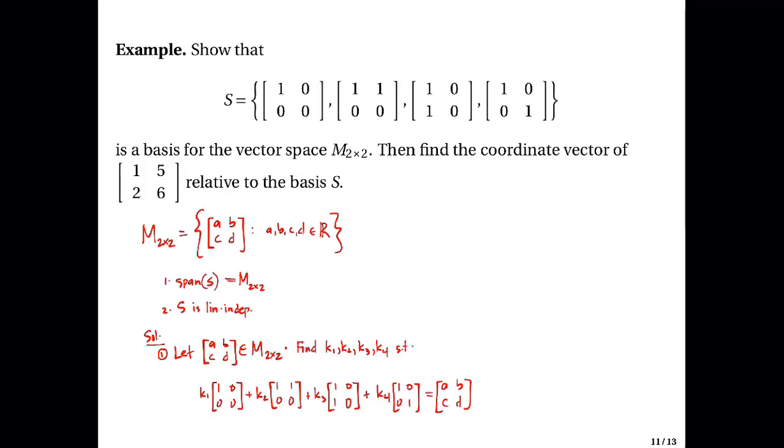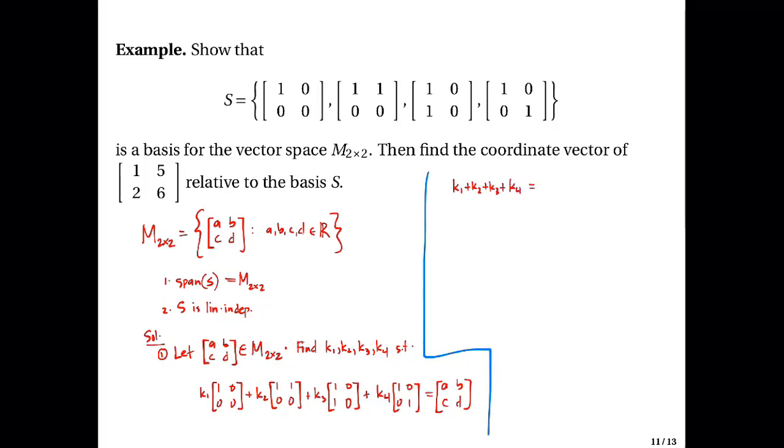But as usual, we write this as a linear system. Look at the first entry here, A11. Comparing the first entries, we find that you have K1 plus K2 plus K3 plus K4.